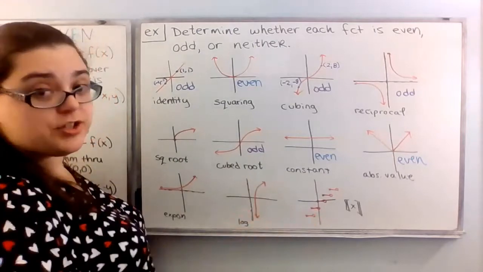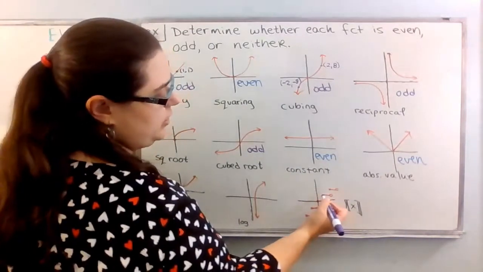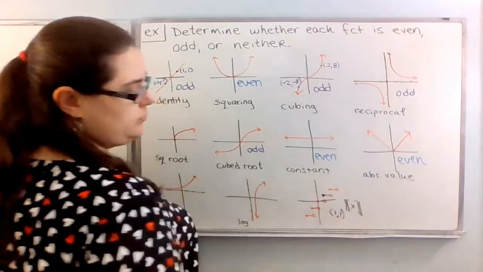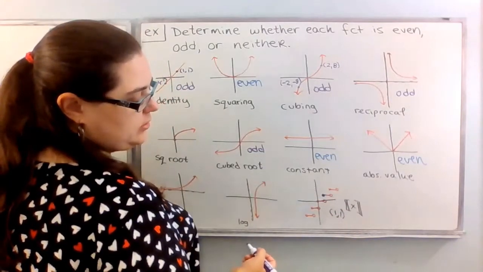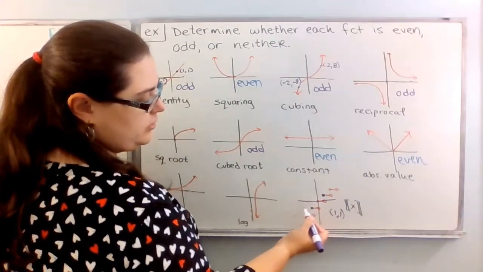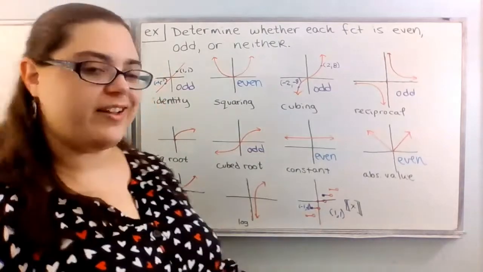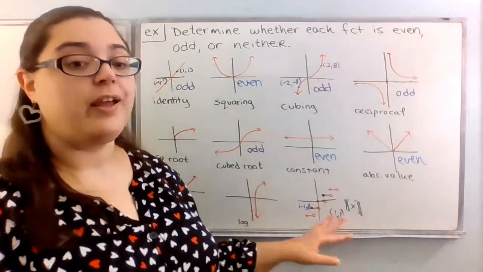Ooh, and the greatest integer function is kind of sneaky. I'm going to pick this point here. It goes through the point (1, 1). And let's see, it also goes through the point (-1, -1). So you might be tempted to think that the greatest integer function is also going to be odd.